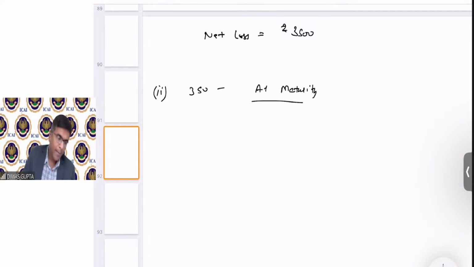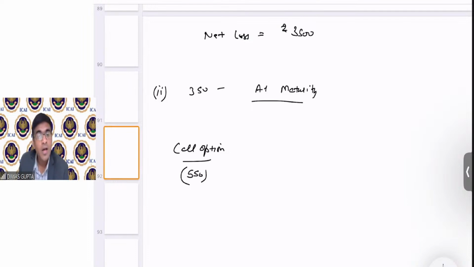Tell me, students, the call option, which has a strike price of 550, is it out of the money or in the money, students? Come on, tell me. The market price has moved to 350. Is it still out of the money?